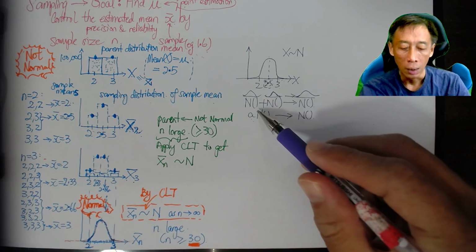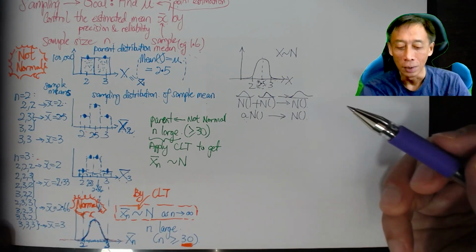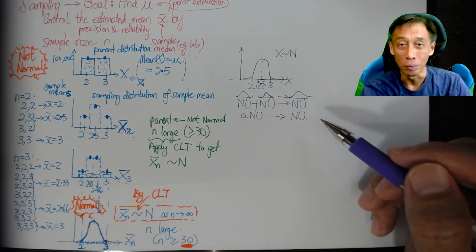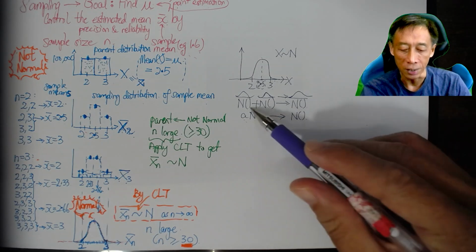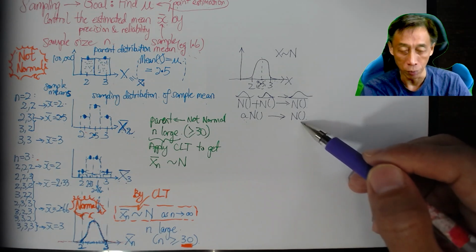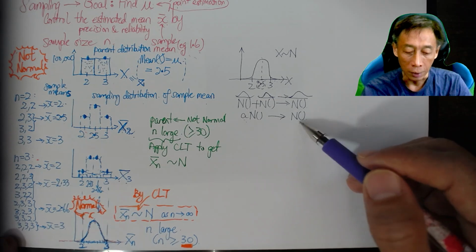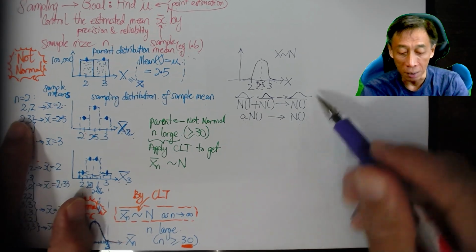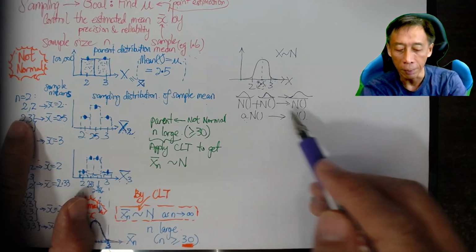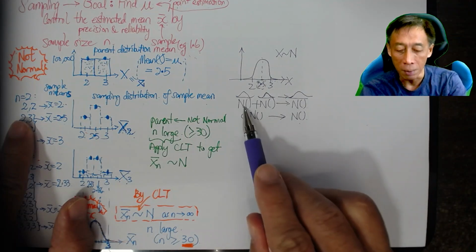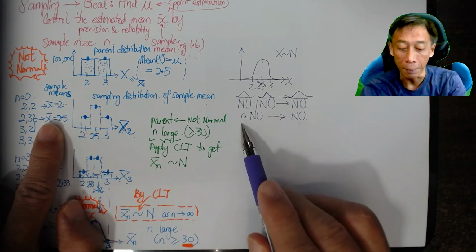As to how to show these, well, it's hairy. You have to really go down to all the PDFs and stuff to prove very rigorously that this works for all kinds of normal distributions. But let's just take it as true first. If these two are true, then the sampling distribution of the sample mean basically means that you randomly pick from X, you randomly pick from X n times, and you keep adding them up, because averaging means you add them up, then divide by n.